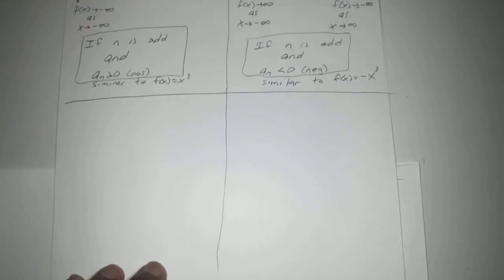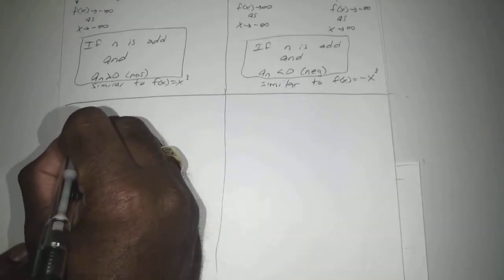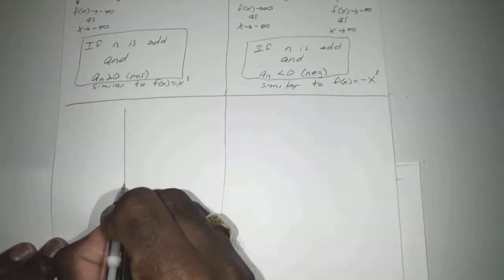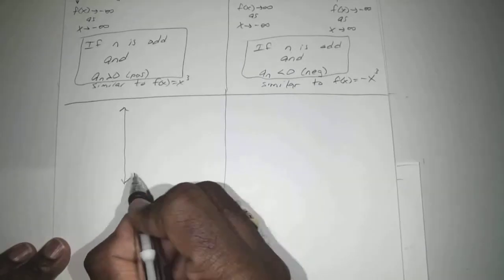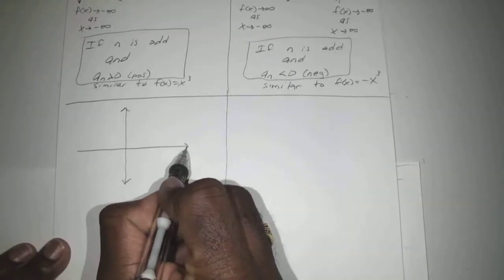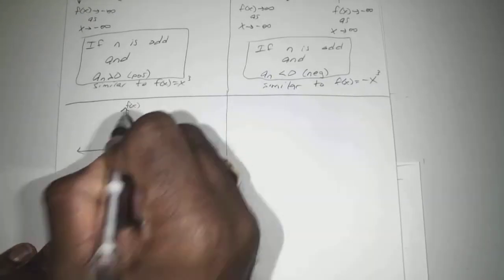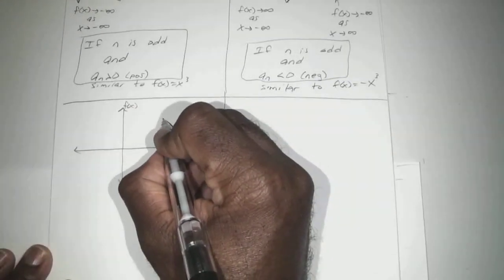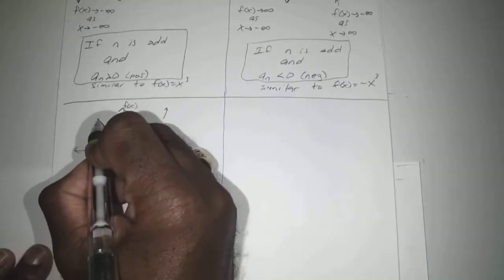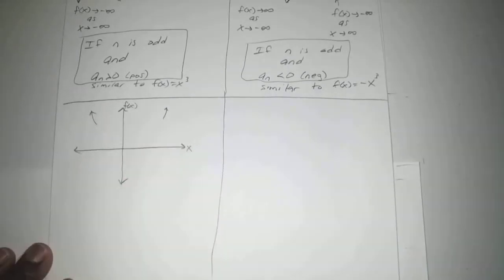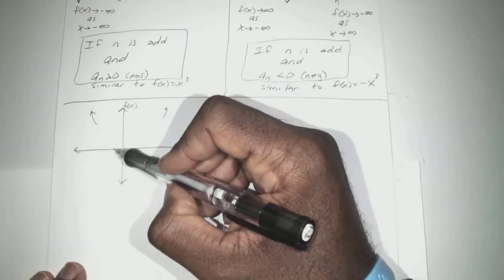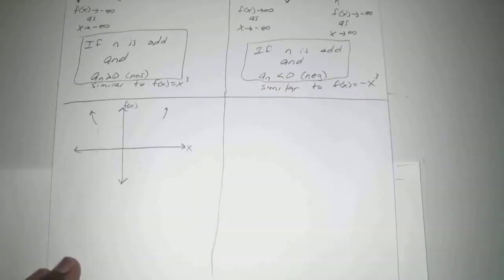Okay, so let's say if we had the graph that's your x, and this is your y. And let's say this endpoint went up and to the right, and this endpoint went up and to the left. Okay. And again, the middle could look like anything. We have no idea, but we're not looking at that just yet.